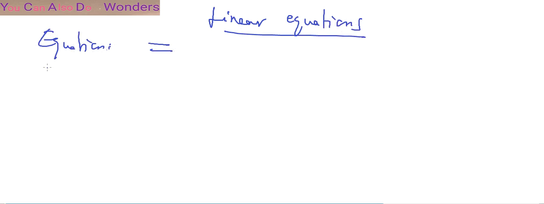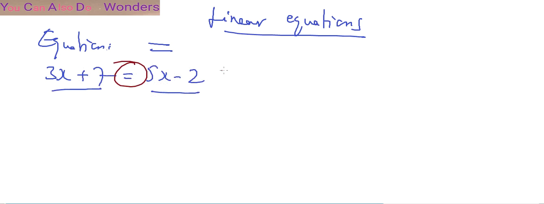For example, 3x plus 7 equal to 5x minus 2, something like this. There is an expression, and there is an equality sign or equal sign here. So therefore we call this an equation.